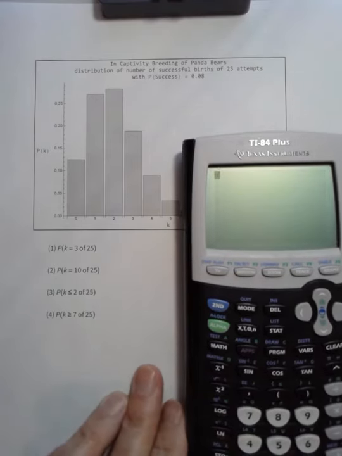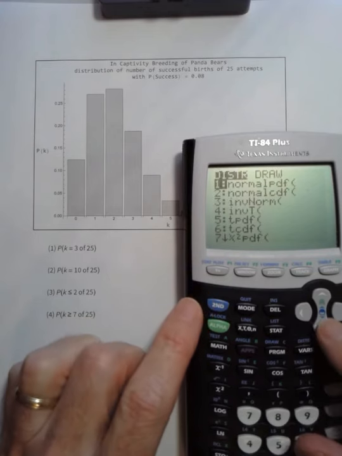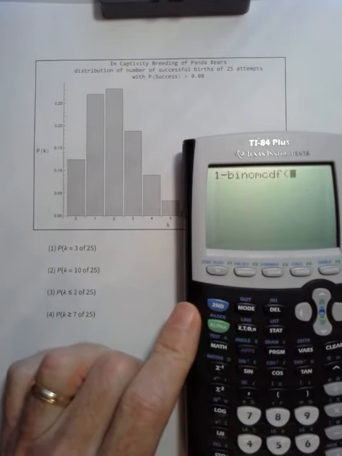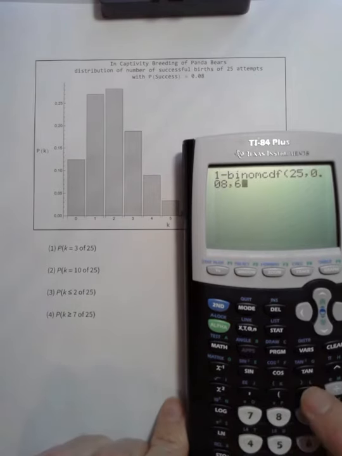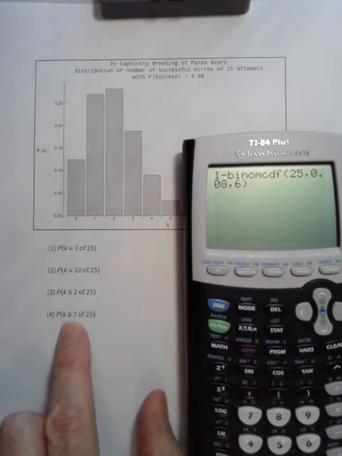It's going to be 1 minus the probability of getting 6 or less, which is second distribution, binomial CDF. Again, the number of tries is 25. The probability of success is 0.08, and we want to eliminate all the possibilities up to and including 6, and what's left over will be the probability of 7 or more.